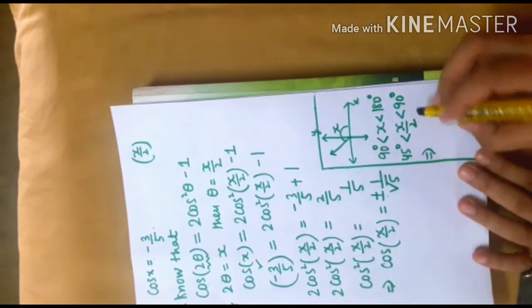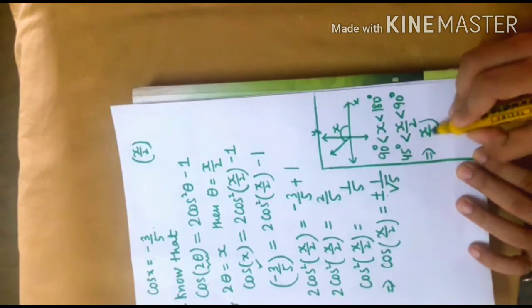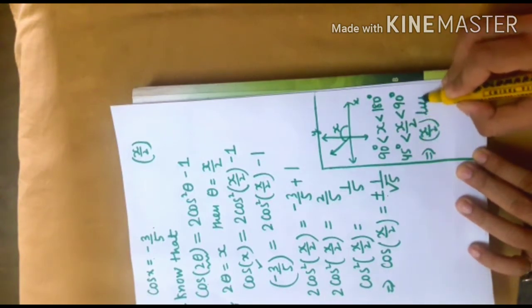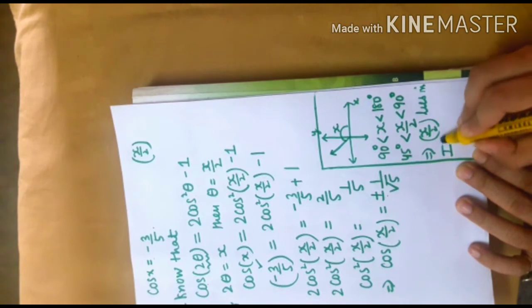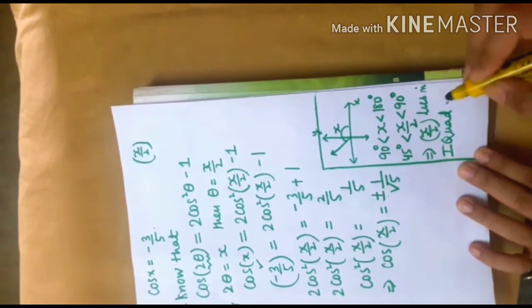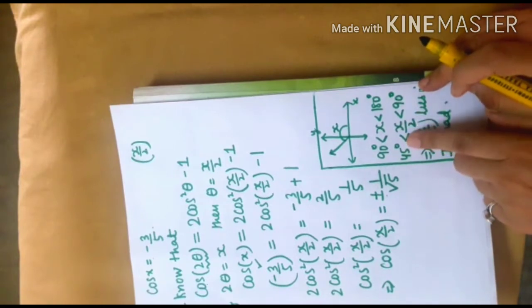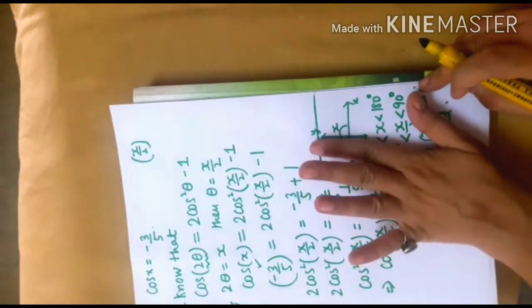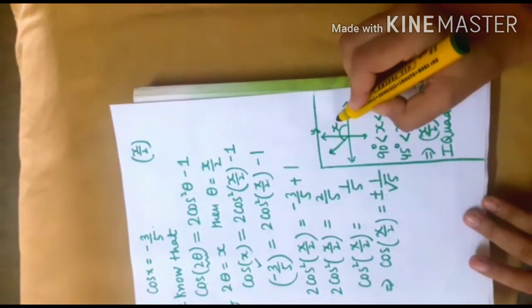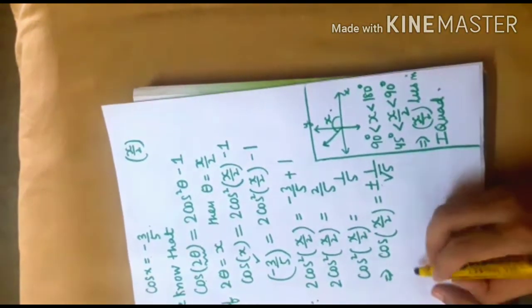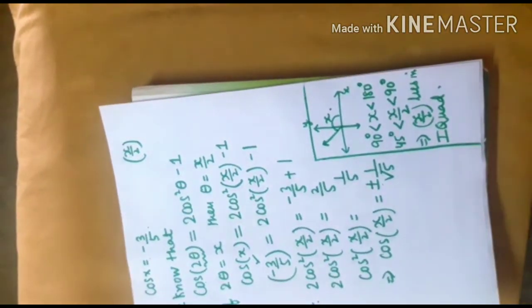This implies x by 2 lies in the first quadrant, right? Because x by 2 is more than 45 degrees but less than 90 degrees. So it will lie in the first quadrant, and in the first quadrant all trigonometric functions are positive.